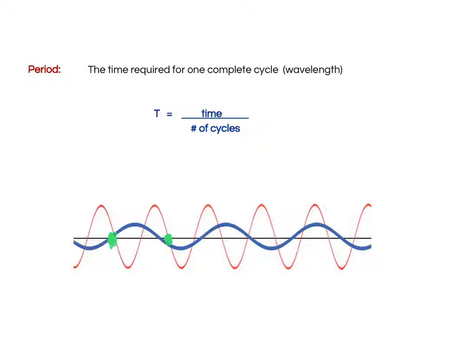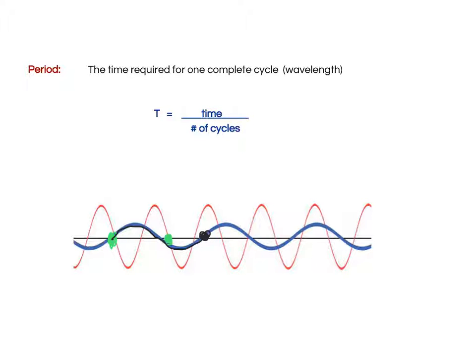Okay. And let me look at my blue wave for a second here. I'm going to use maybe the black for that. So if I look at my blue wave here, I go from here all the way up and then back down again. So you can see that it would take a little bit longer for it to complete a single cycle.